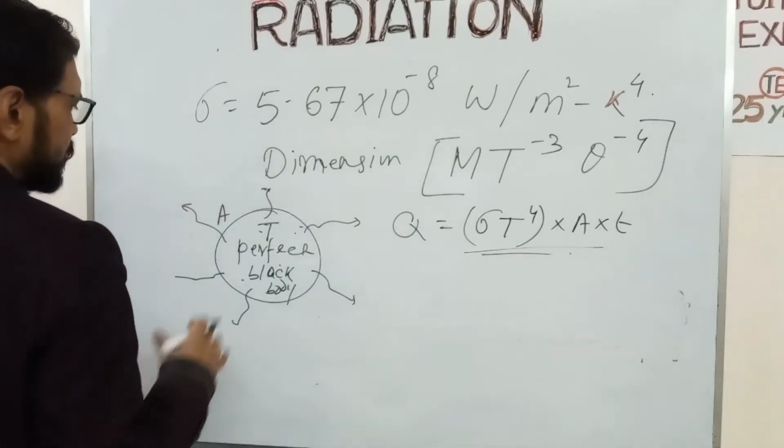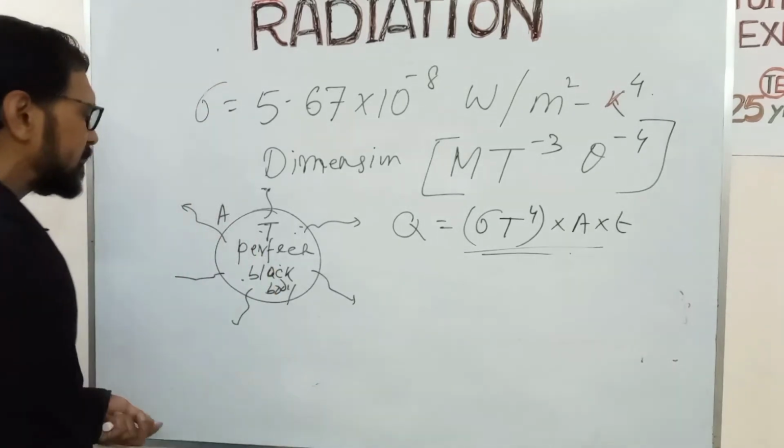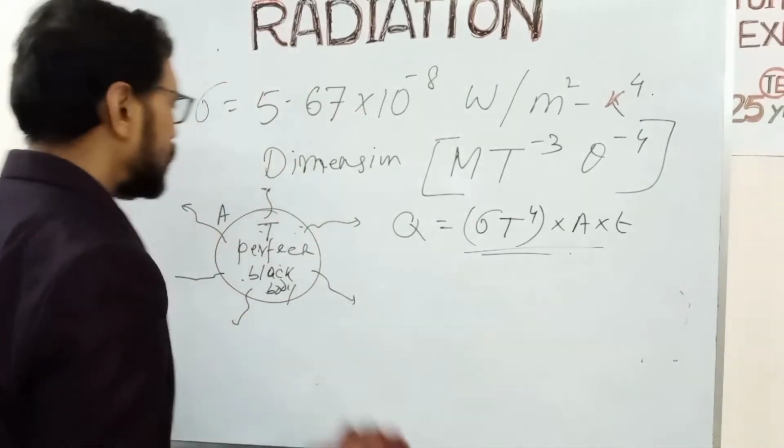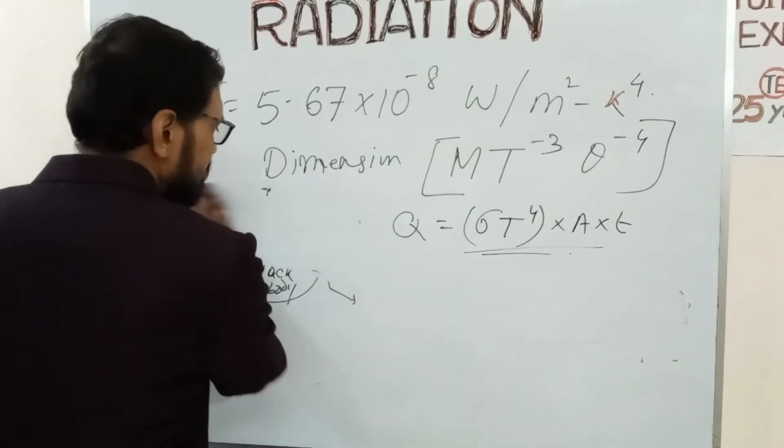Now, for a general body, if it is not a perfect black body, what is the heat radiation through the area?